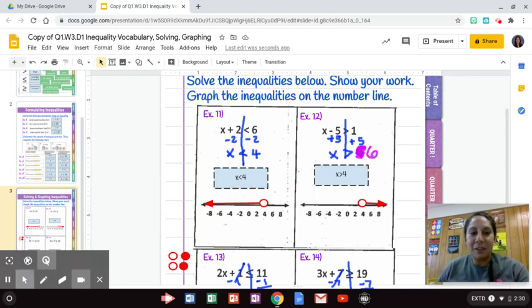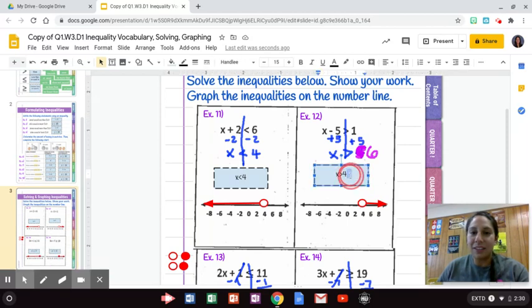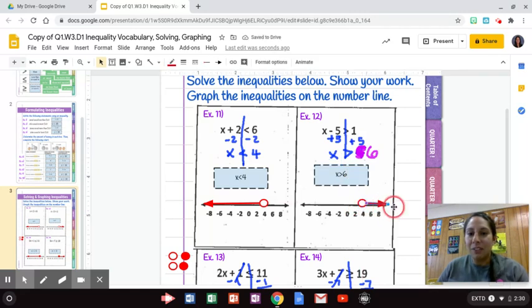And I'm going to fix that right here also. So x has to be greater than 6. And then down here, if it's greater than 6, we also need to move our arrow and move our dot to reflect that all x values are greater than 6.